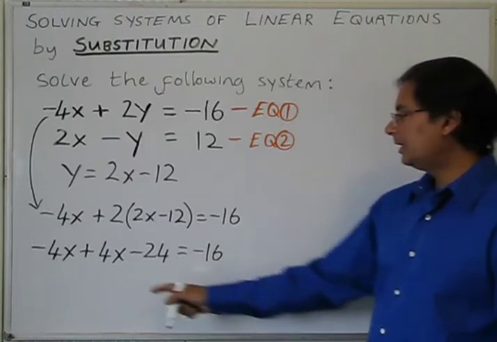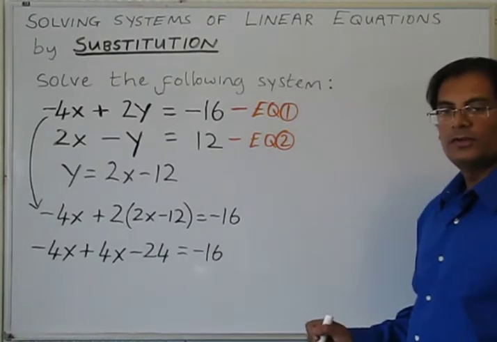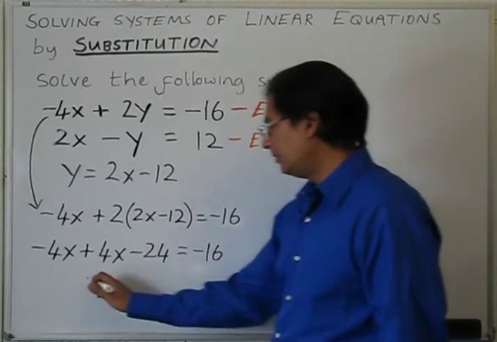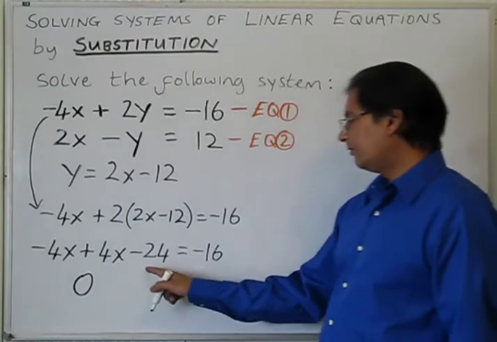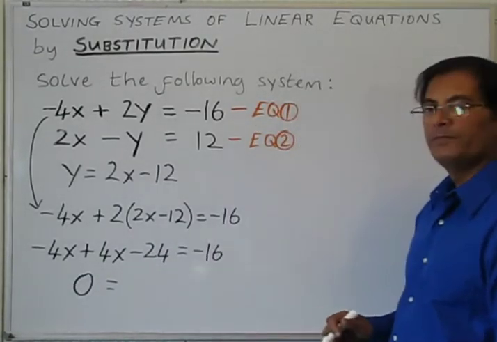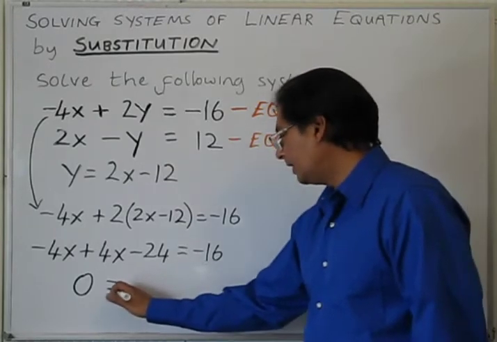And then we can combine the x's and move over the 24, so what we end up with is negative 4x plus 4x, that gives me 0. And then if I add 24 to both sides, we get negative 16 plus 24, we get 8.